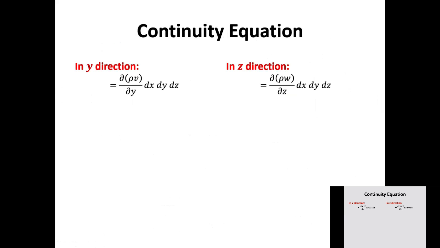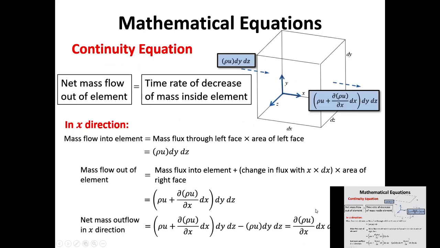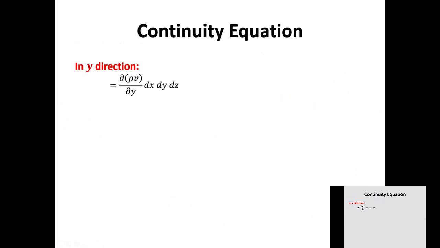In any direction, that is in the x direction. So you can write the same in y and z directions also. So those are the mass flow rates, the change in mass flow in y and z direction.